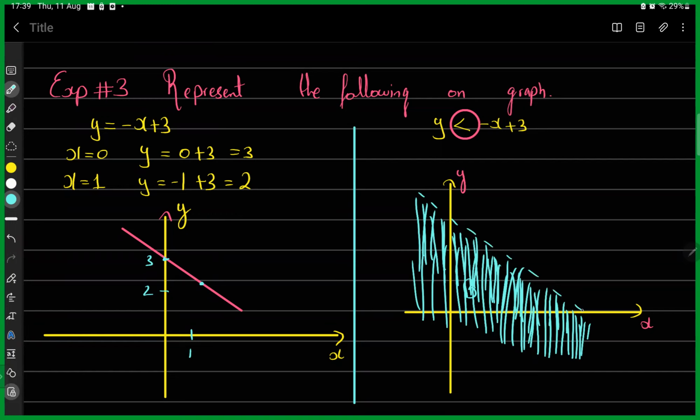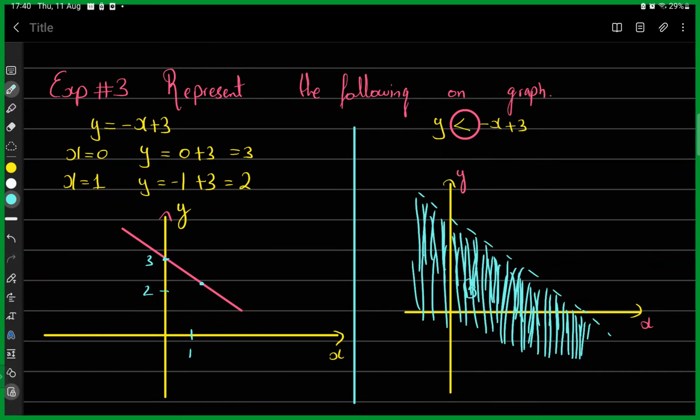I used to use the small eraser that comes with pencils to make a perfect dotted line. But this is the idea behind graphical representation of an equation and of an inequality.